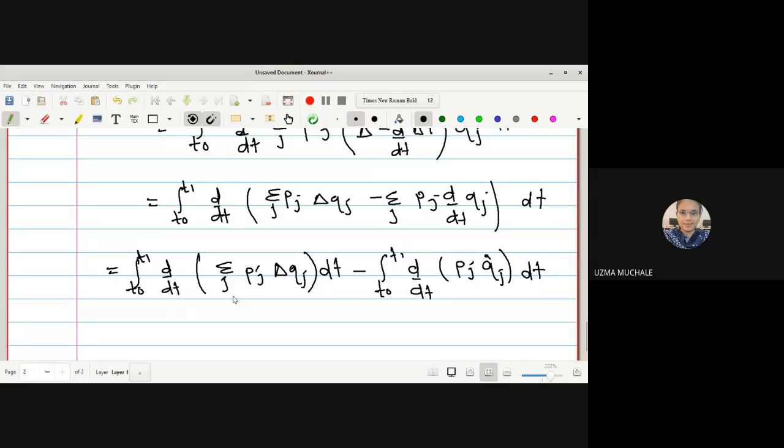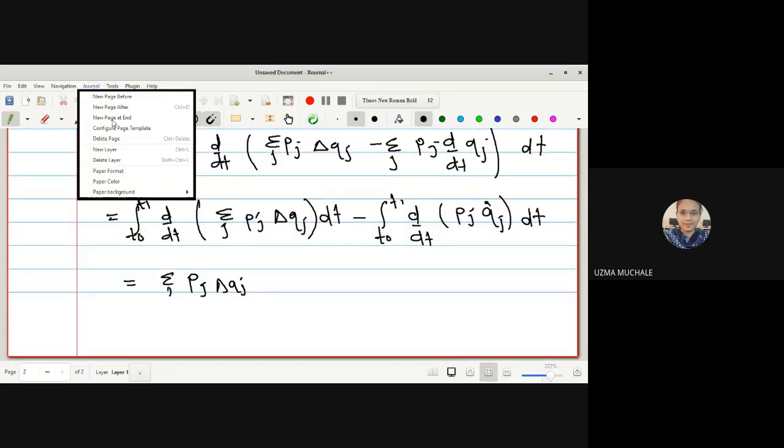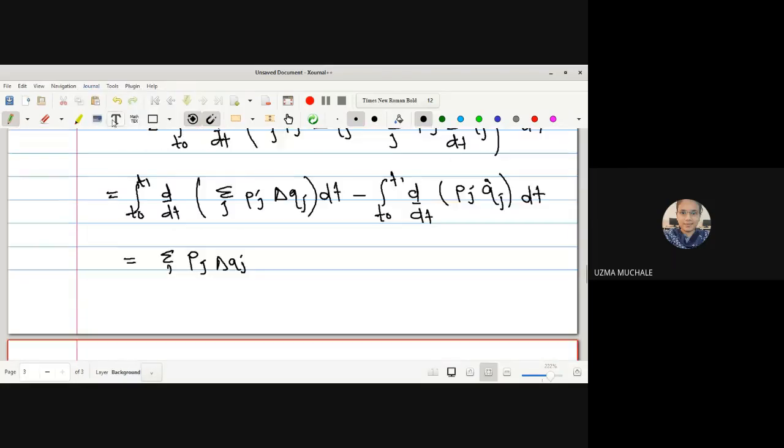Now integration and derivative with respect to t, so we get the resultant term as summation over j Pj delta qj minus the next term, summation over j, the integration and derivative get cancelled, we get Pj qj dot.